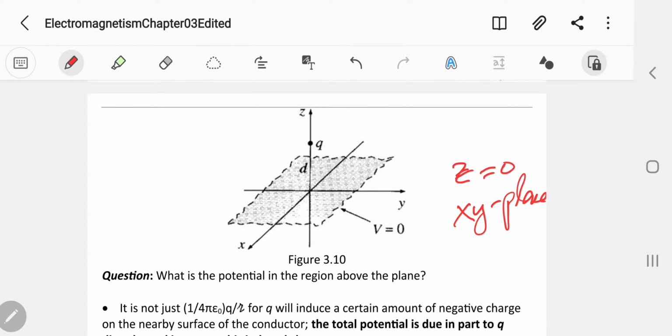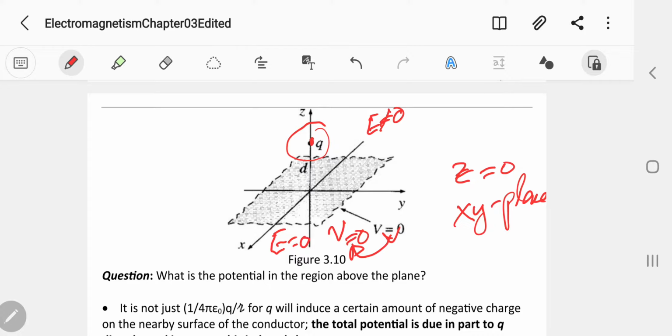So the charge Q is located above the plane, and as you know this is a conducting plane, the electric field below should be equal to 0, and the electric field above is of course not equal to 0 because of the presence of the Q here. So here below E is equal to 0, so hence V also is equal to 0 here. Since the potential on the surface is equal to 0, they should be the same because it is grounded.